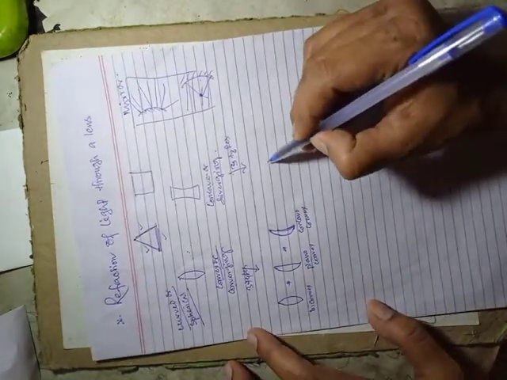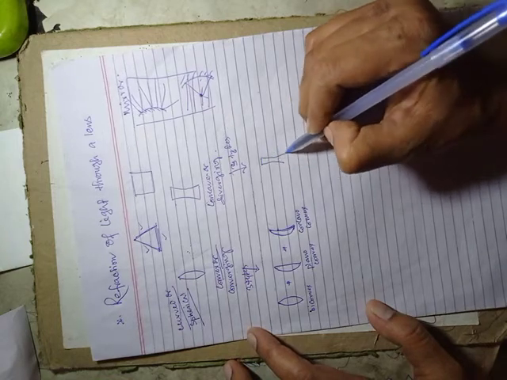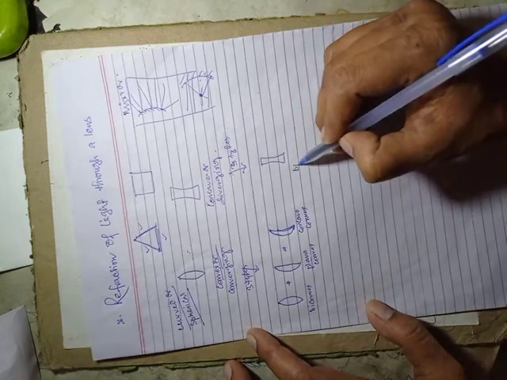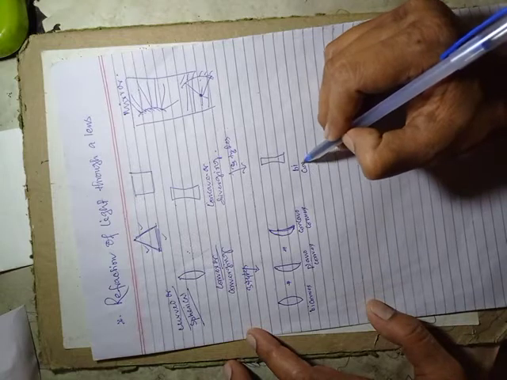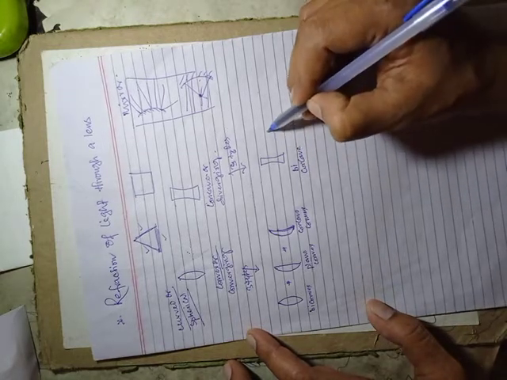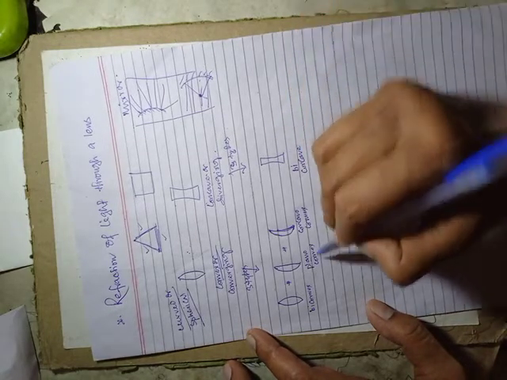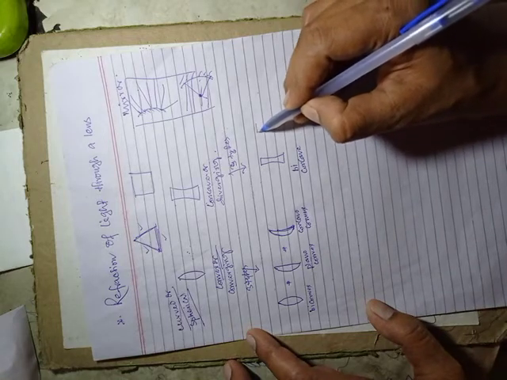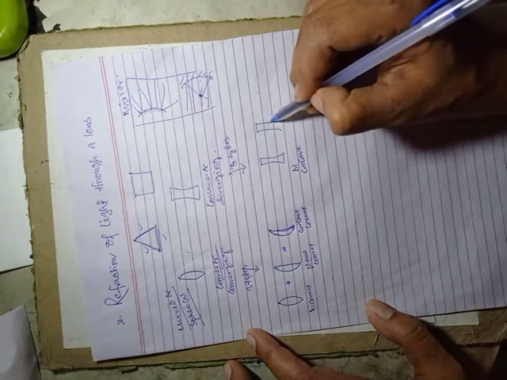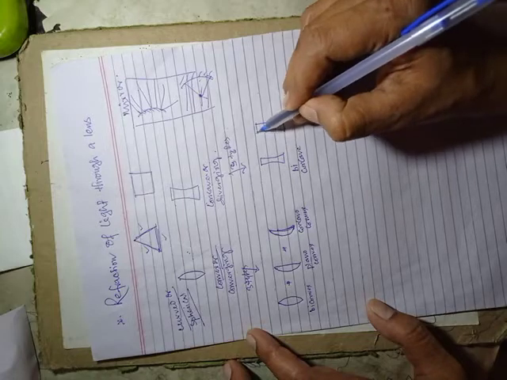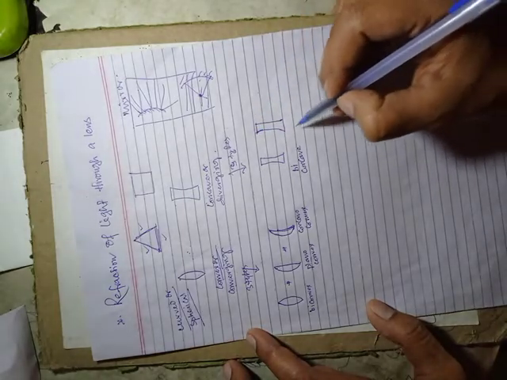Similarly, concave also has three types. You draw like this, that is called biconcave. Another one is plano-concave. One side is concave, another side is plane. You can draw and check the book also.